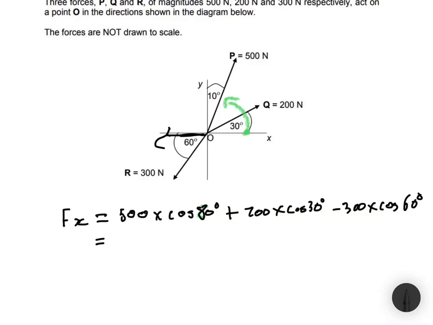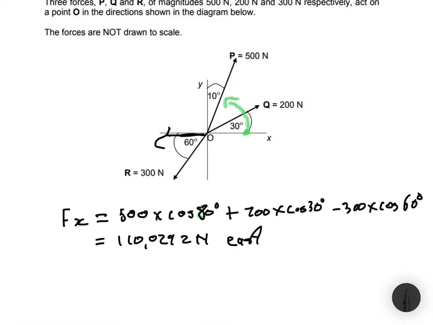Let me just punch that in and see what I get. So cos of 30, minus 300 multiplied by cos of 60. It seems like all is well. So we have 110.0292 newtons to the east, right?